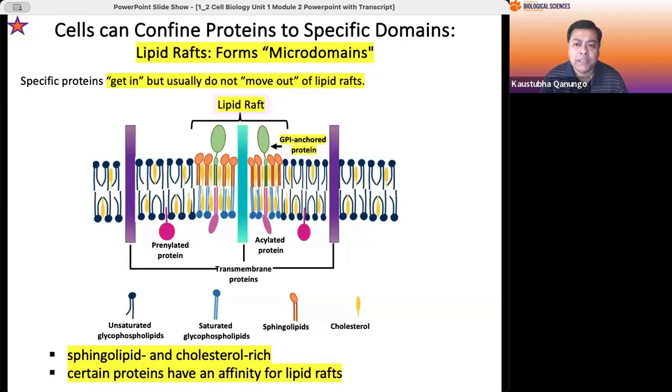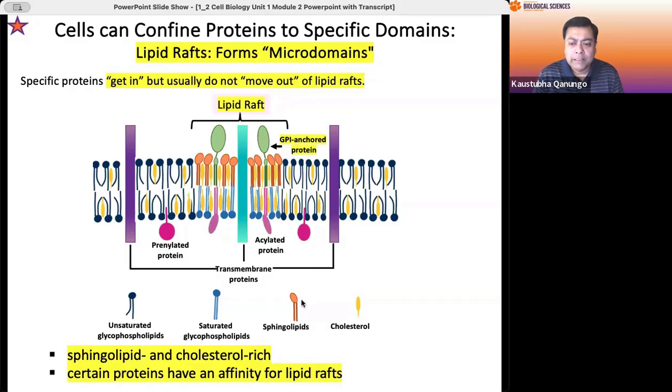So lipid rafts. The lipid rafts are called the microdomains on the surface, on the plasma membrane. These are some of the very specialized areas of the plasma membrane where some specific types of proteins have a high affinity for that. If you look at the ligands of all of them, you have the unsaturated glycophospholipids, and you have saturated glycophospholipids right here.